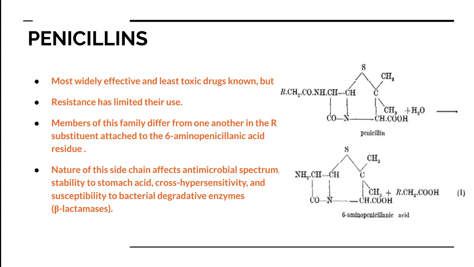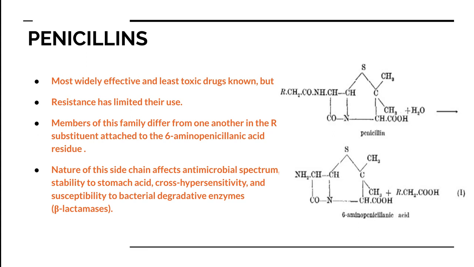We will see that gradually. That is why I asked you to at least go through the structure, to know who the side chain is. Until you recognize the side chain, you have to just mug it up.